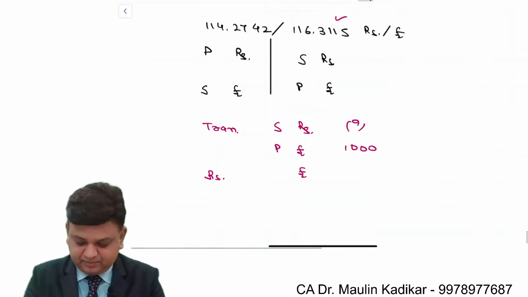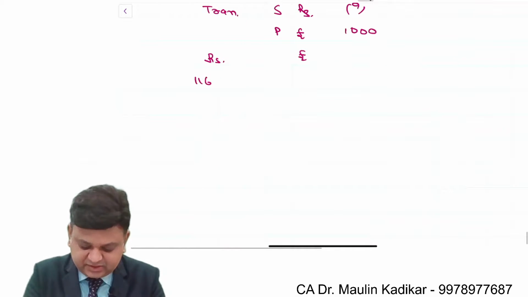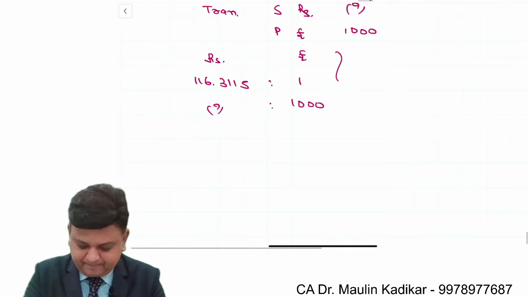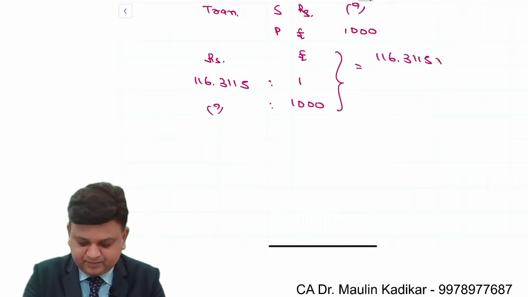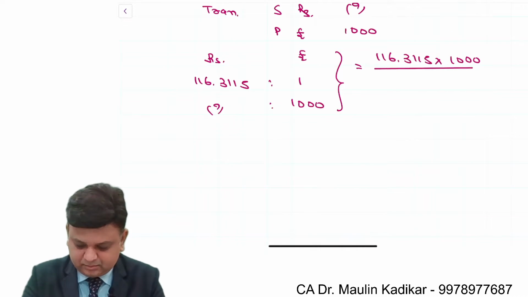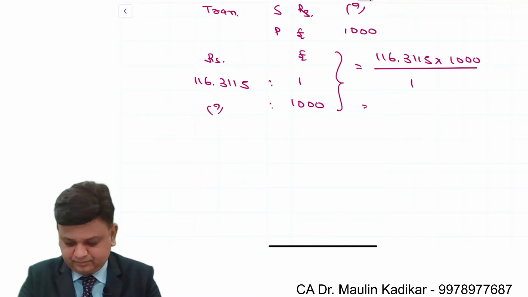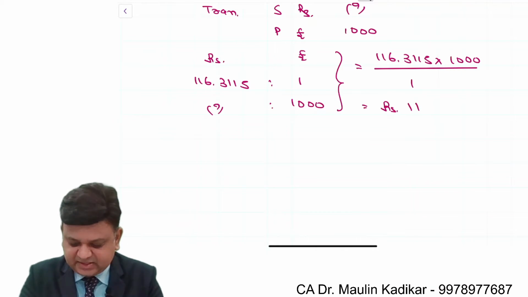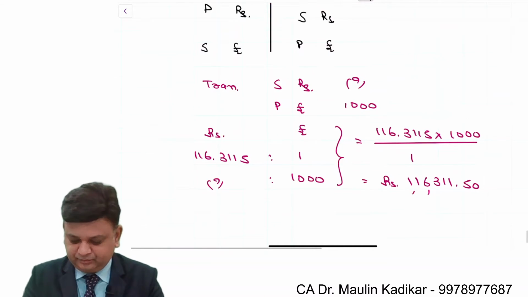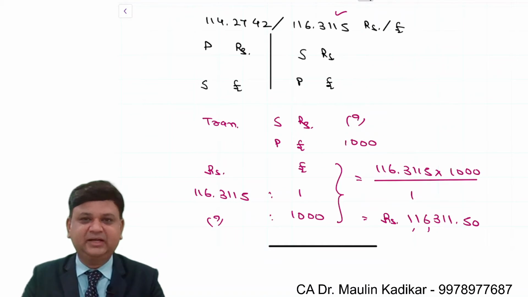Rupees and pound: 116.3115 rupees is equal to 1 pound. So how many rupees for 1000 pounds? The answer is 116.3115 into 1000 divided by 1, which is 1,16,311.5. This is how we are required to make the calculation of the answer.